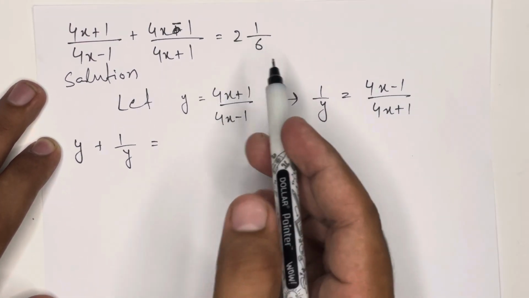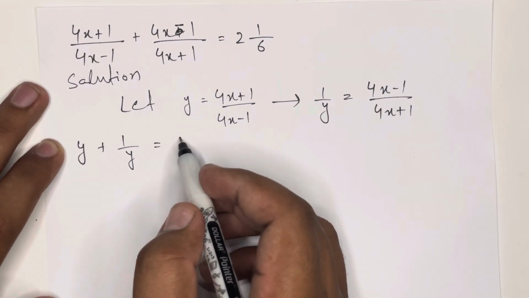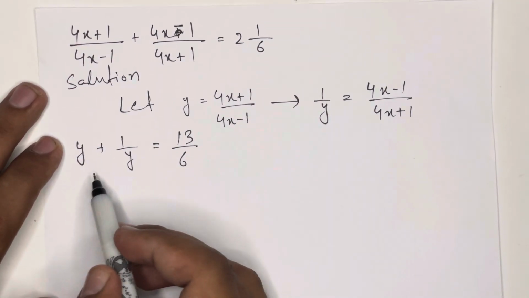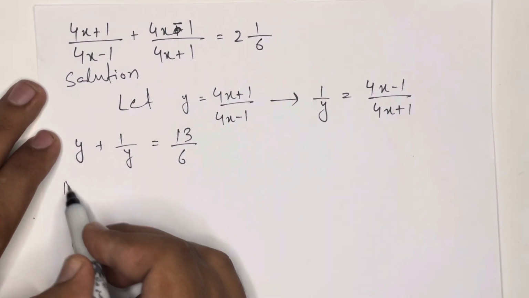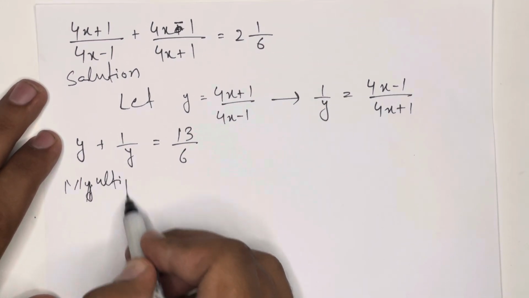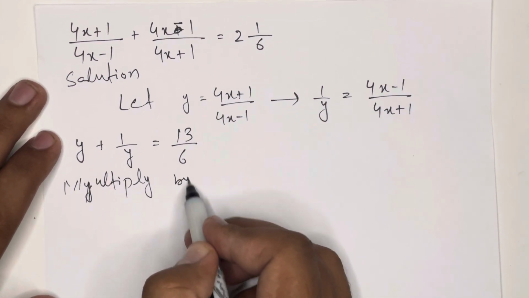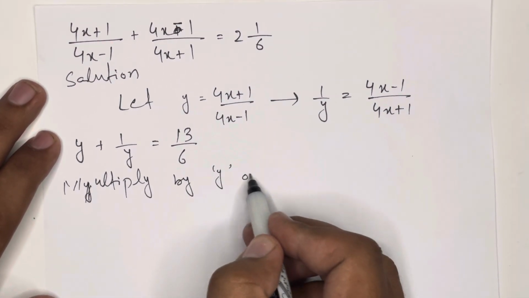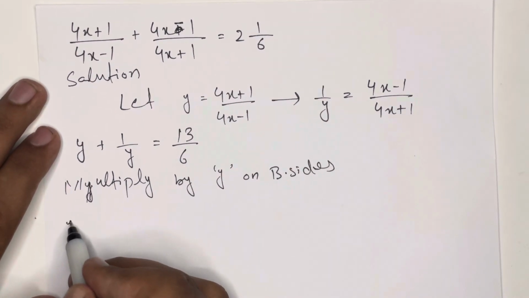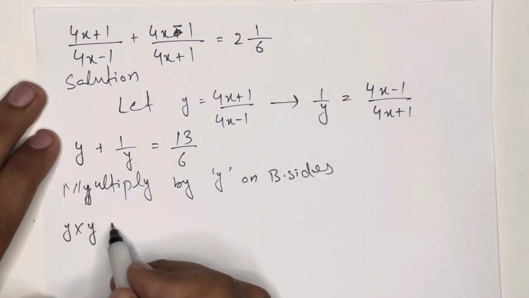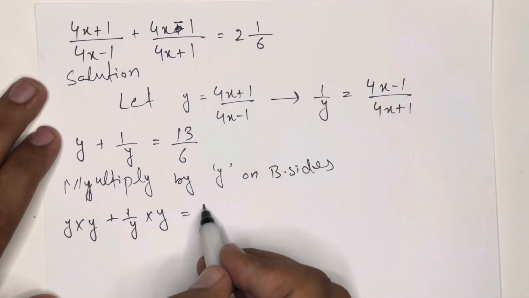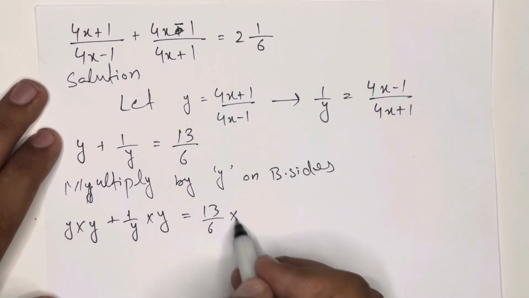This is a mixed number, so I can convert it into a fraction: 6 multiplied by 2 is 12, plus 1, 13 over 6. So I am multiplying both sides by y. The equation will be y squared plus 1 over y multiplied by y equal to 13 over 6 multiplied by y.